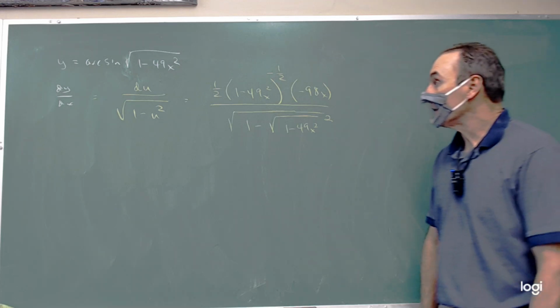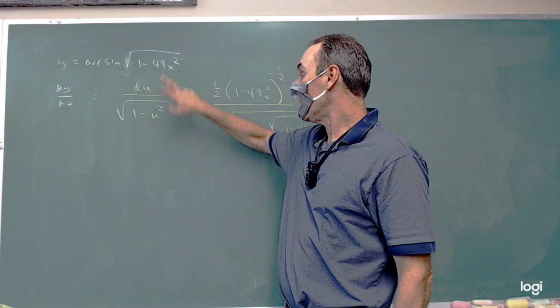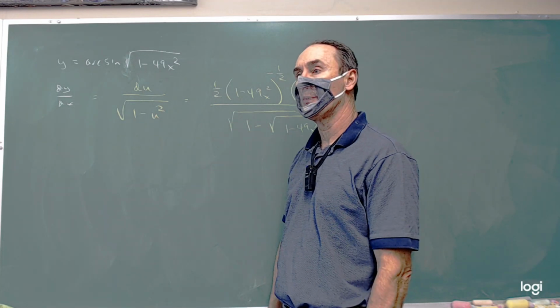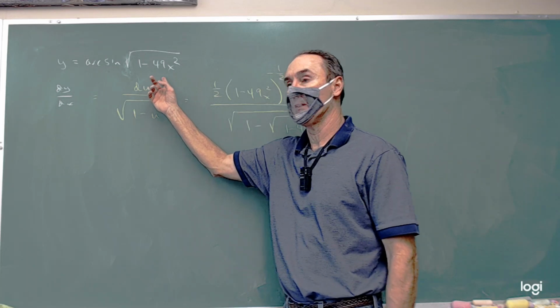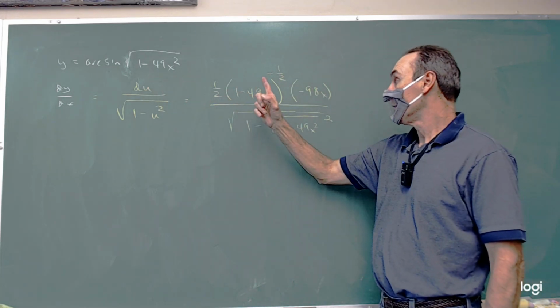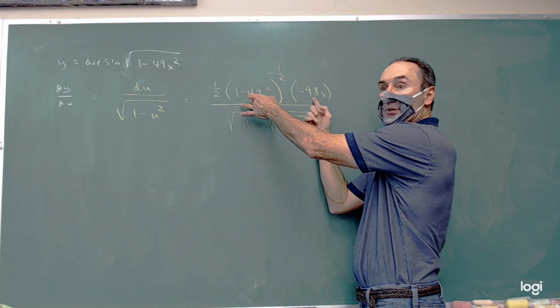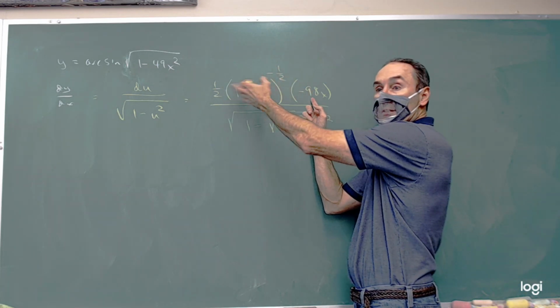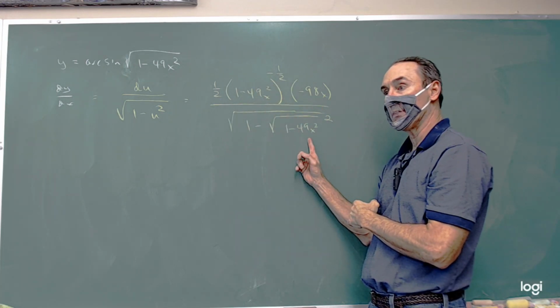So we want the derivative of arc sine of u, which is du over the square root of 1 minus u squared. The du is a big chain rule derivative. So it's 1/2 times the inside function to the negative 1/2 times the derivative of the inside function. All that's just the du. Then we have the square root of 1 minus u squared.